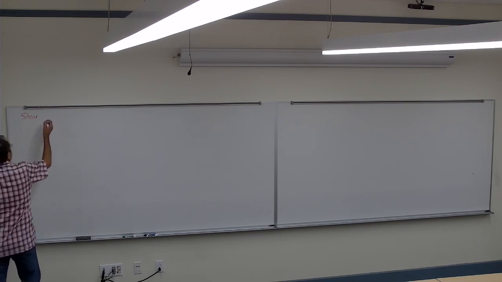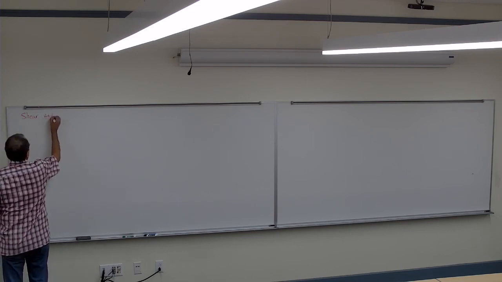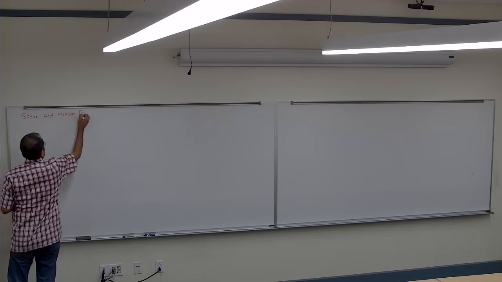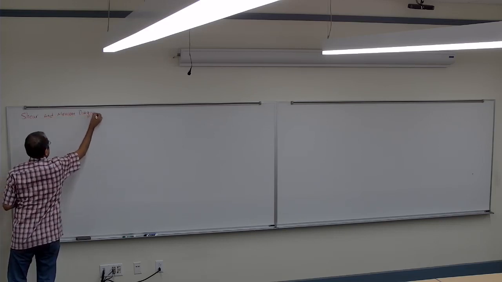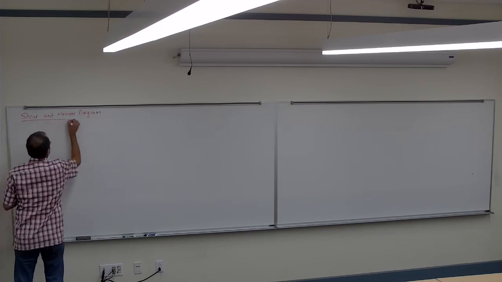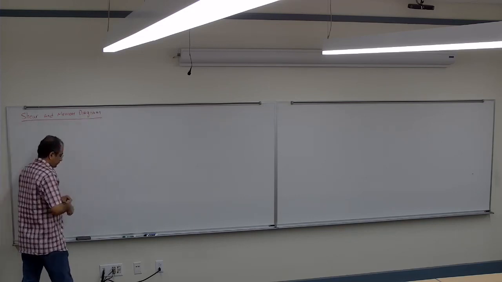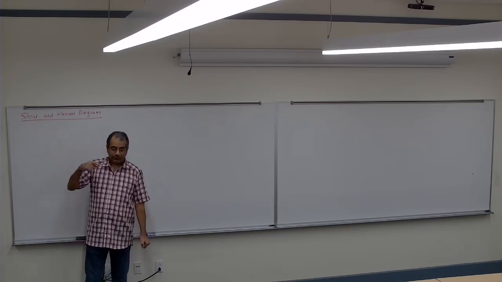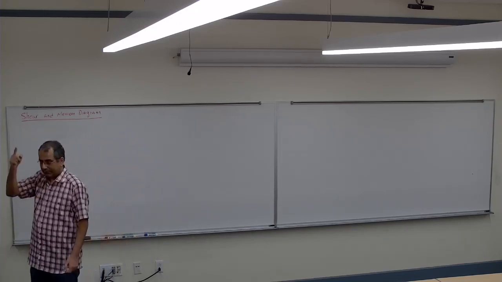So it's the shear and moment diagram. If we want to draw the moment diagram to find the maximum moment in the beam, then we can design the beam for that given point.